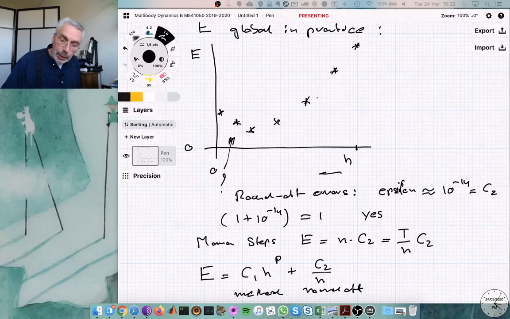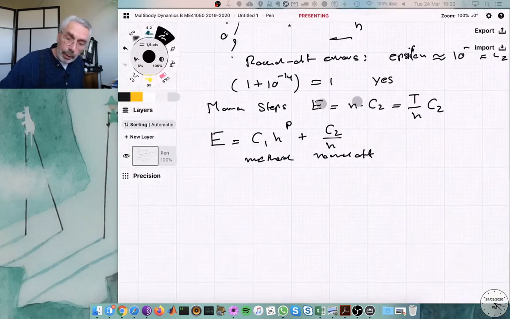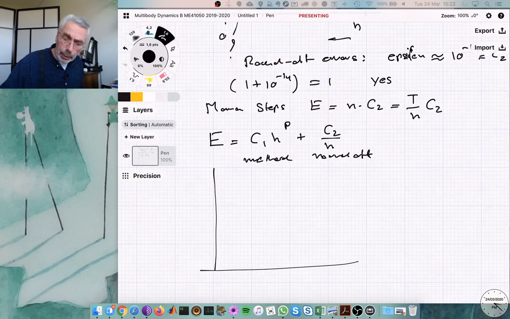But you see that when H is initially large enough, you will not see this error. But when H becomes smaller and smaller, suddenly this is going to amplify. You could say that you can build this graph with two things. One is the method error, which is going down, down, down.